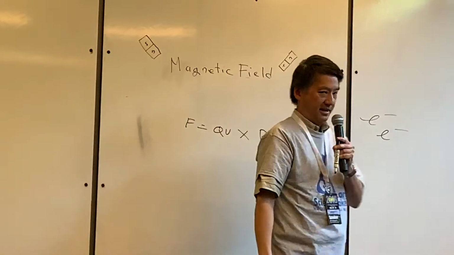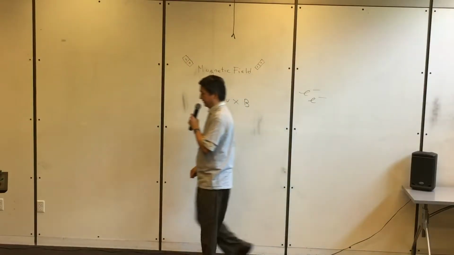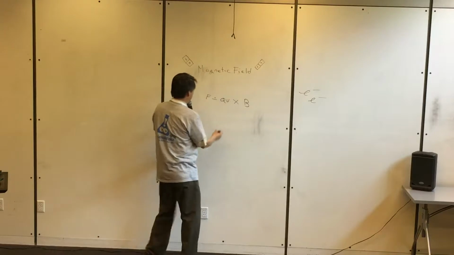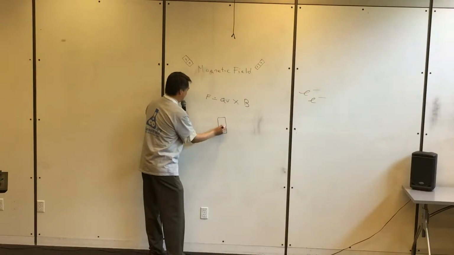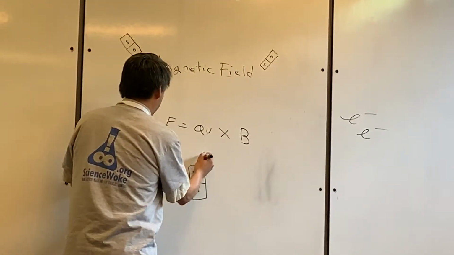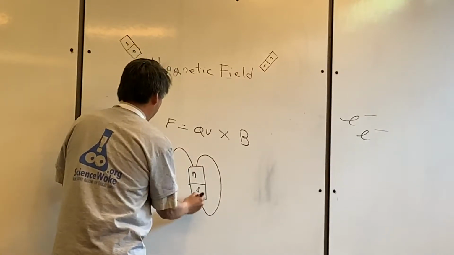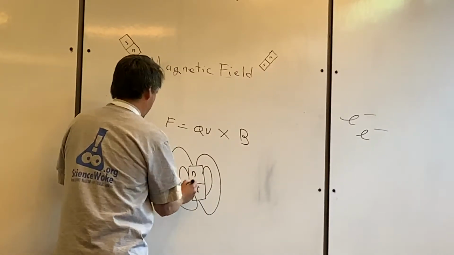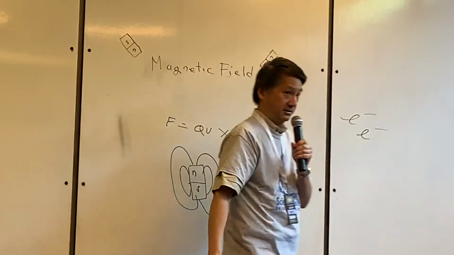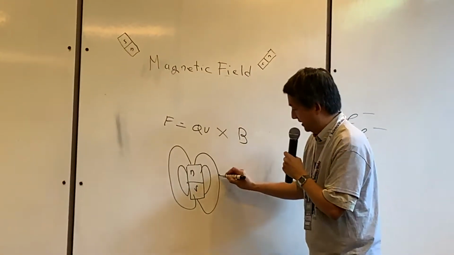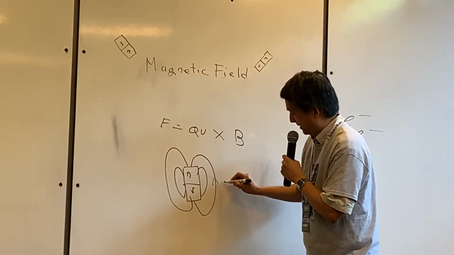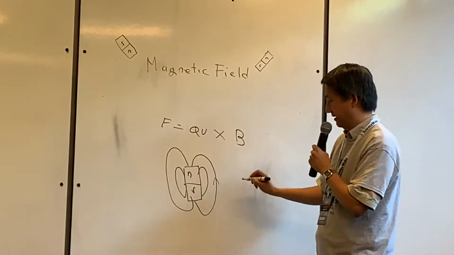But I think that's probably because of the direction that the B field is defined. If we have a magnet here, north-south, the B field is defined conventionally by what iron filings do, so they are defined in this direction, right?